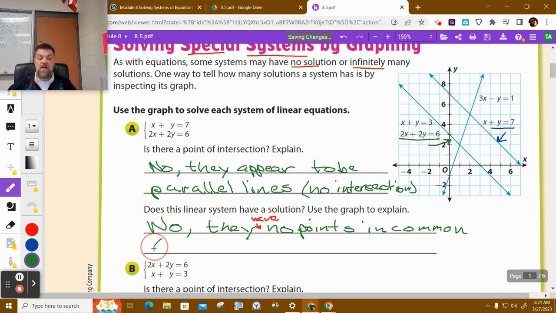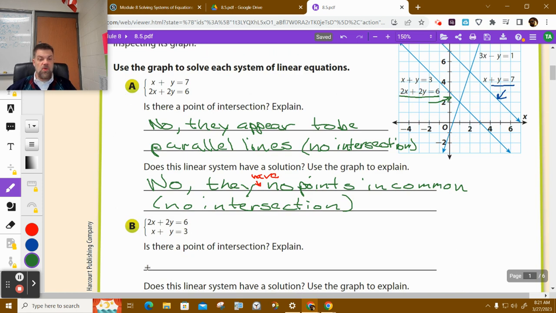That's a fancy way of saying no intersection. Where the two lines intersect is a point in common. They both share that point. Okay. So now let's graph. Let's figure out if there's a point of intersection for these two lines.